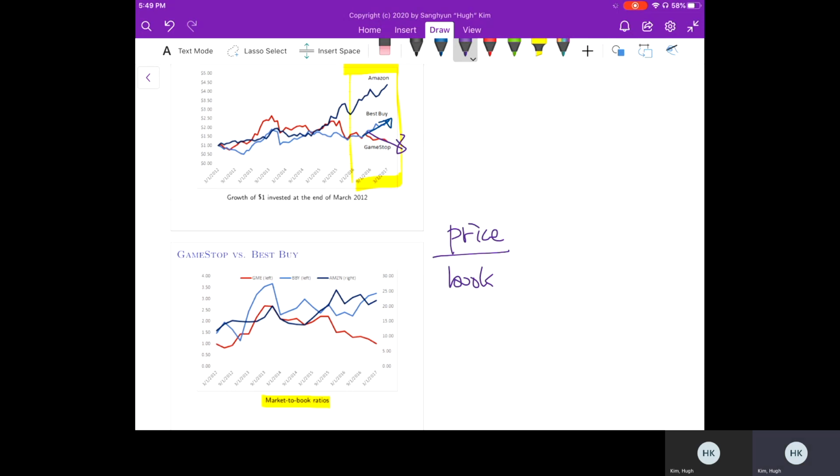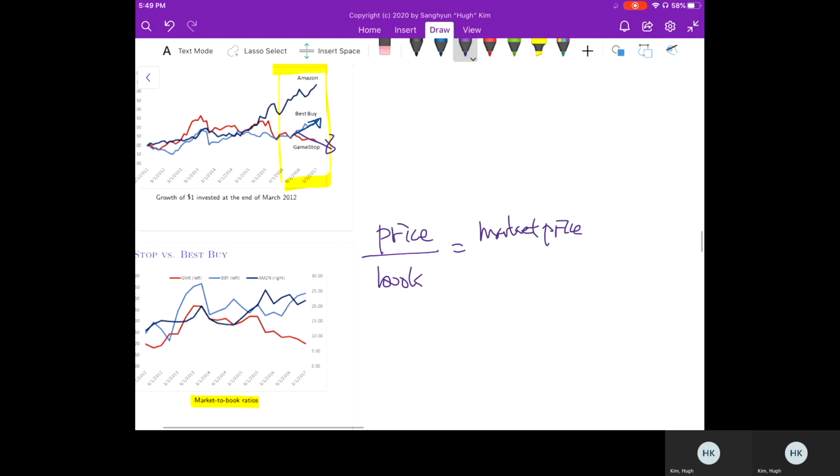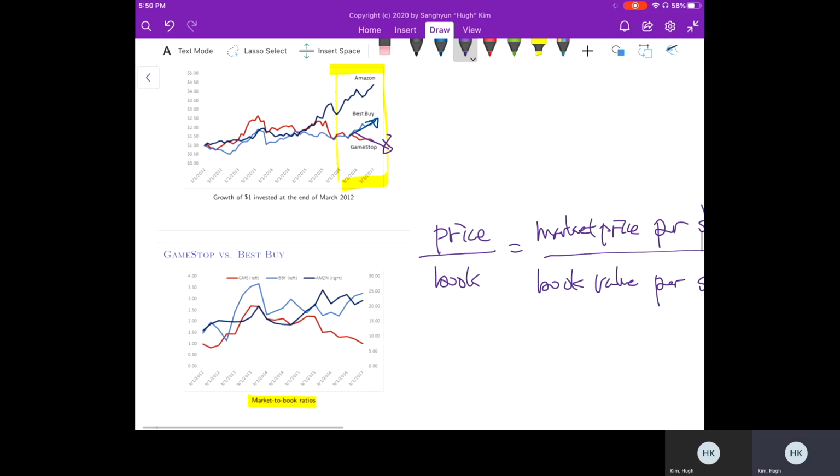Price to book is the market price per share and book value of equity per share. So market to book ratio or price to book ratio.